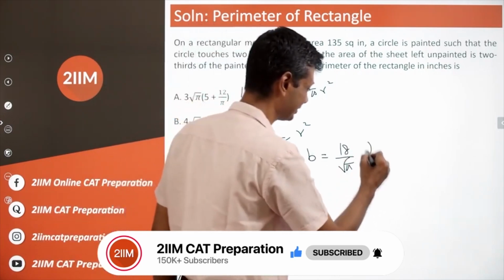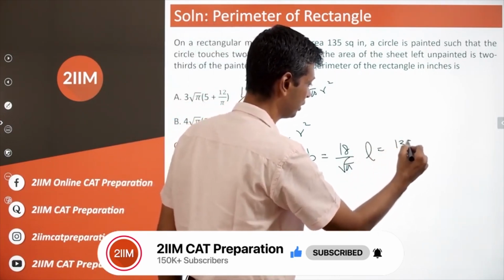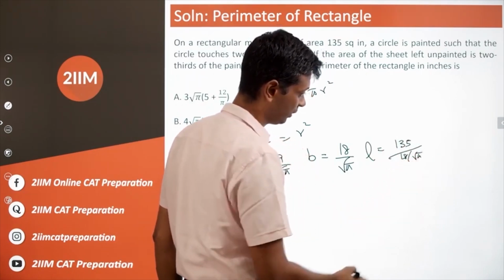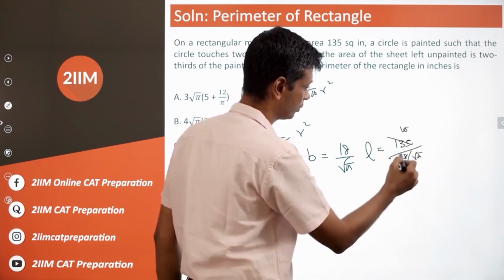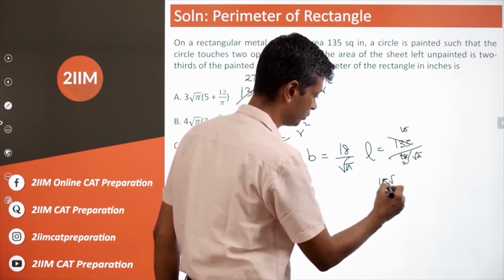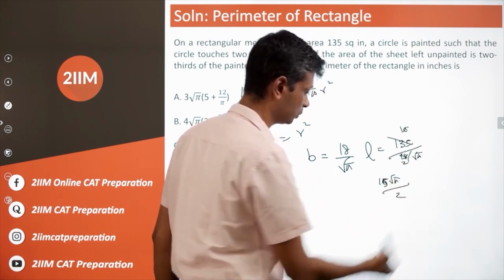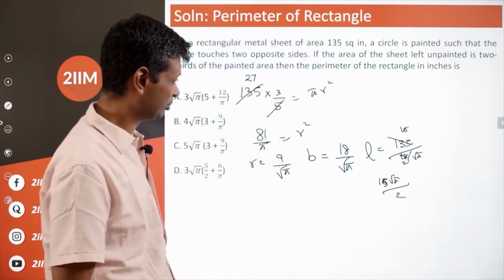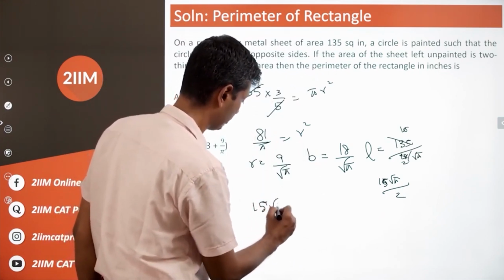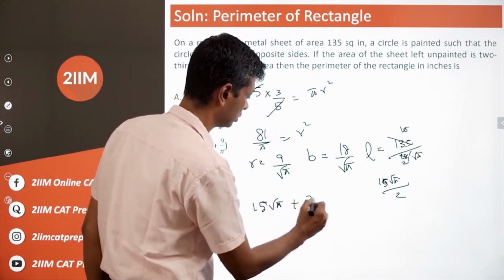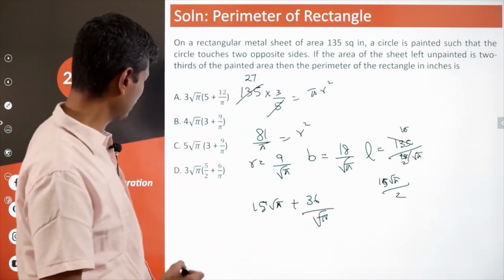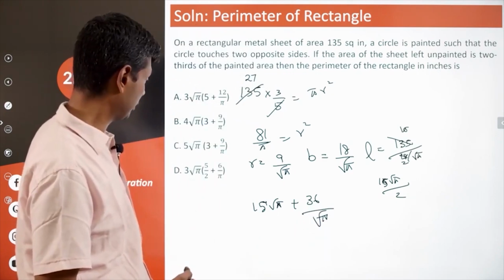The length is 135 by 18 by root pi. 135 is a multiple of 9, it becomes 15 root pi by 2. Looking at 2 times length plus breadth, twice the length is 15 root pi plus 36 by root pi. Looking for a choice that is 15 root pi plus 36 by root pi.